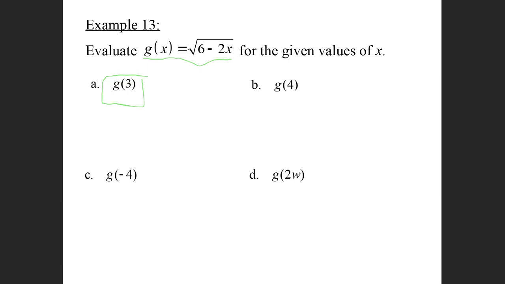Very good. Yes, so g of 3, 2 times 3 is 6, 6 minus 6 is 0, radical of 0 is 0.